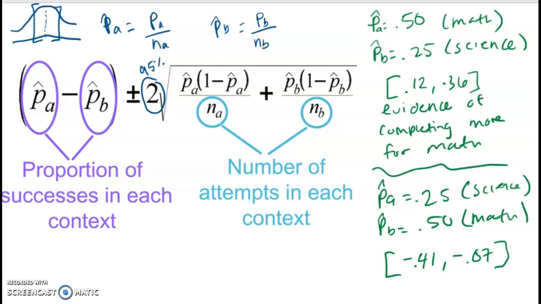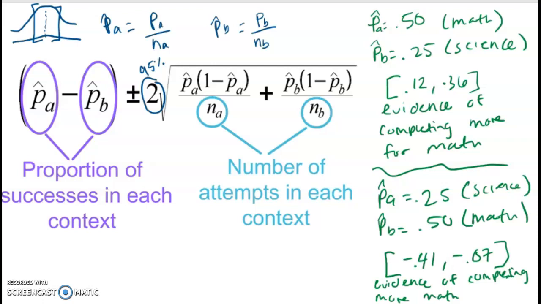And that would suggest that your proportion is higher for math, or your proportion is entirely lower for science. So this still would show evidence of completing more math. And that's because it's entirely negative, meaning when I subtracted, I found that in every case in my confidence interval the proportion was higher for math, my second context, than it was for my first context, which is science.